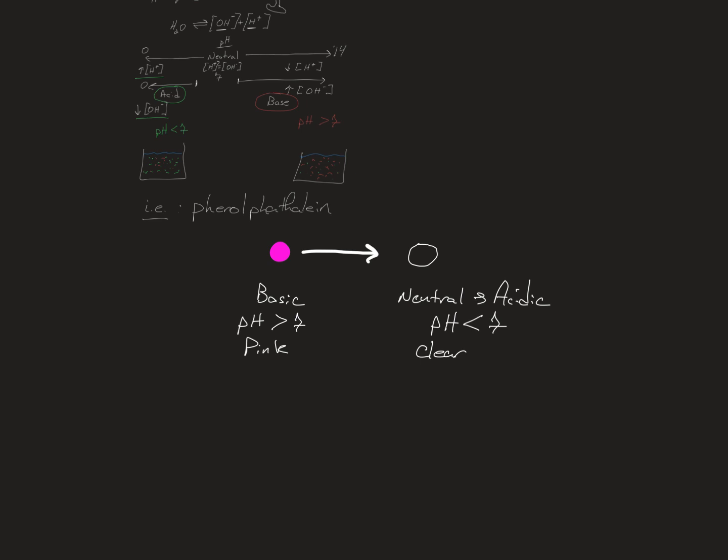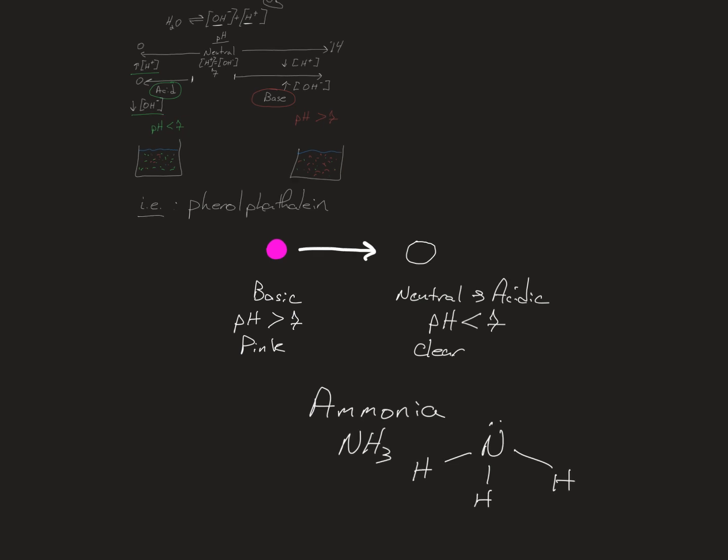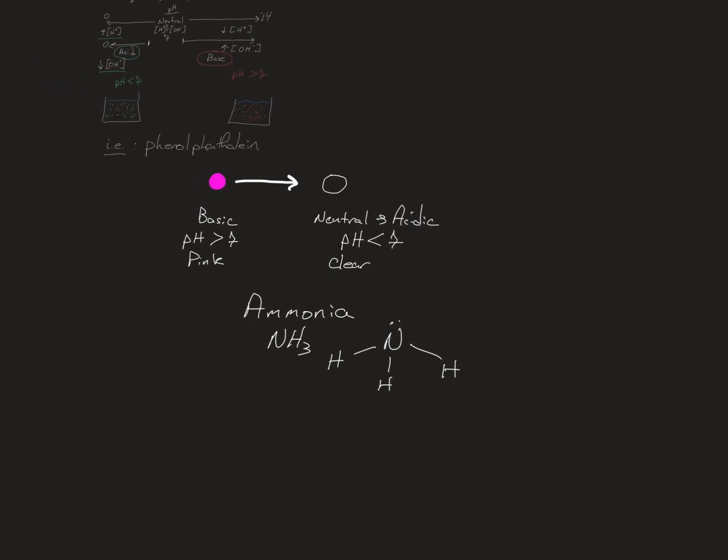The other thing you have to know is there's this thing called ammonia. Ammonia is NH3. So that's a nitrogen with 3 hydrogens. What's interesting about ammonia is that it's called a base.